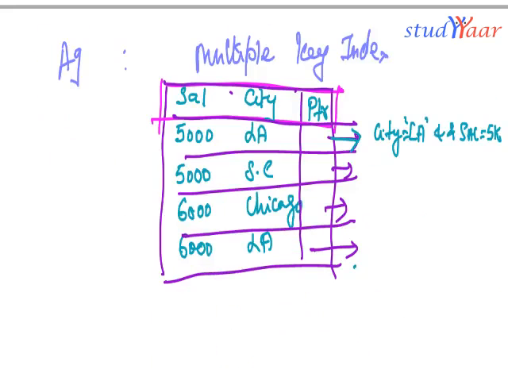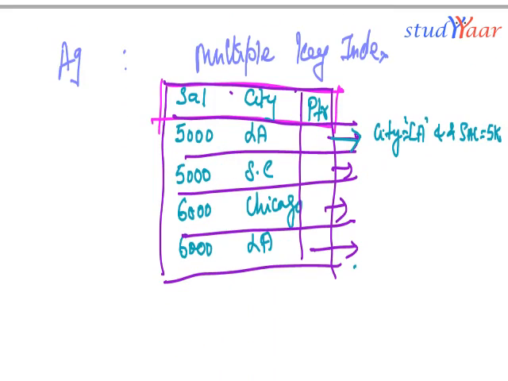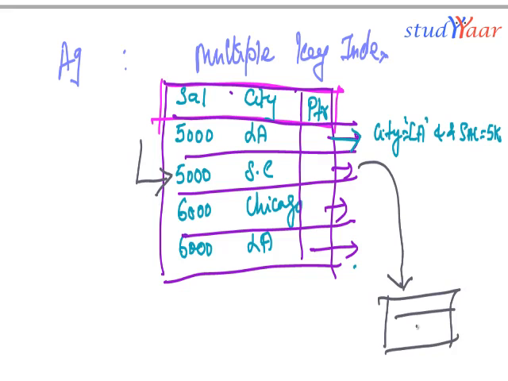Now if I have a conjunctive condition, let's suppose I want to find the records where city is equal to Santa Clara and salary is equal to 5,000, I can simply look into my multiple key index, and from this I am going to fetch the records which have salary equal to 5,000 and city equal to Santa Clara.